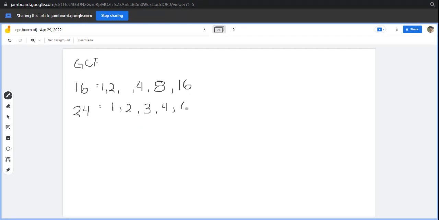Teacher is going straight, like 1, 2, 3, 4. But wala na tayong 5. We just skipped number 5 because 5 is not a factor of 24. Hindi natin pwedeng i-divide si 24 kay 5. 24 is not divisible by 5. So, we skip 5.